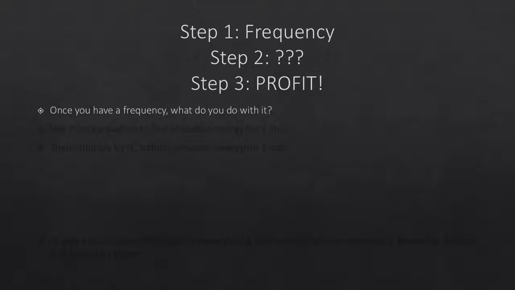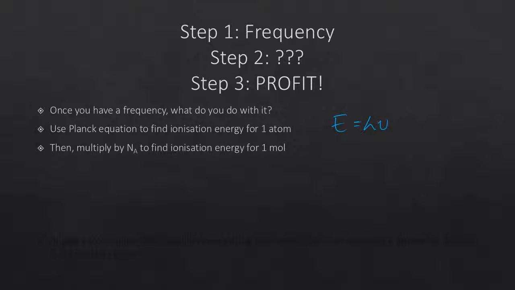So yay, I have my frequency. I can use my Planck equation to find out the ionisation energy for one atom, using that E equals h nu, like we did earlier. Then I can multiply by Avogadro's number to find the ionisation energy for 1 mole of atoms.